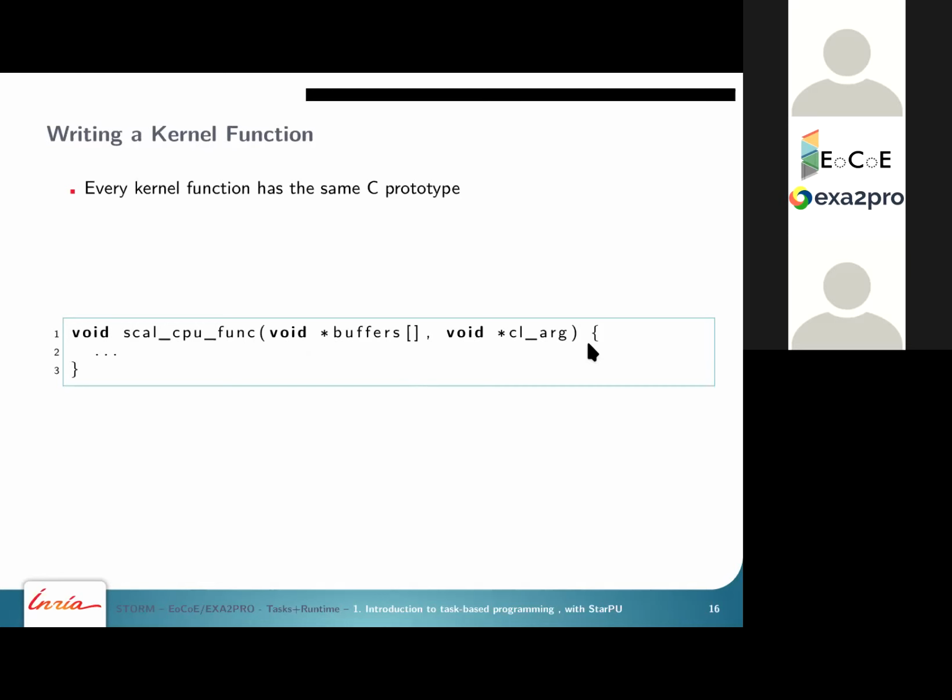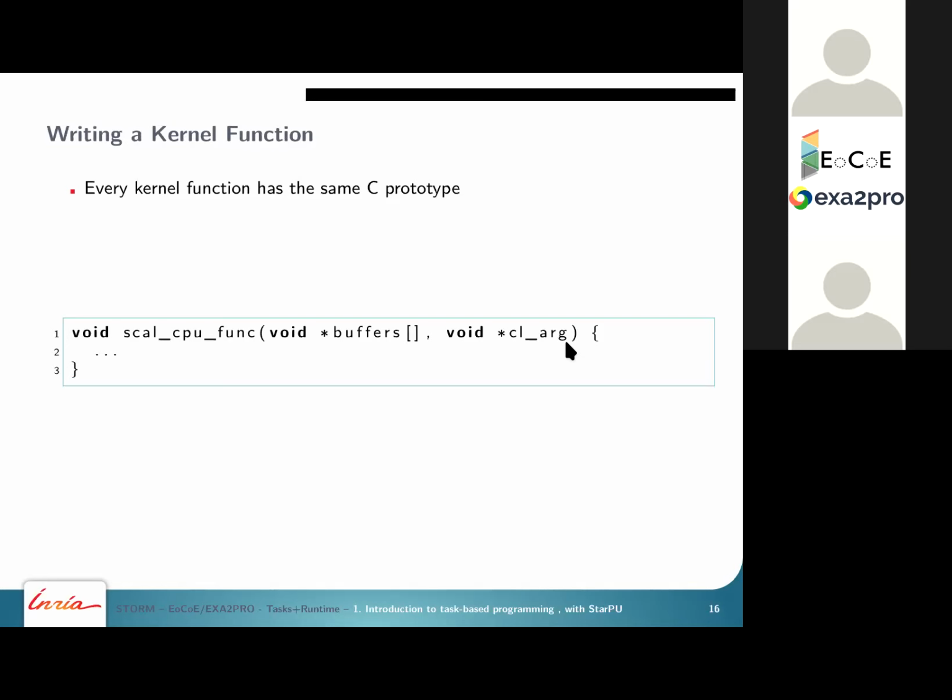So we have to go through this. We have two parameters: buffers, which will be the data of the task, and cl_arg, which is the small data, some data that is not managed by StarPU.